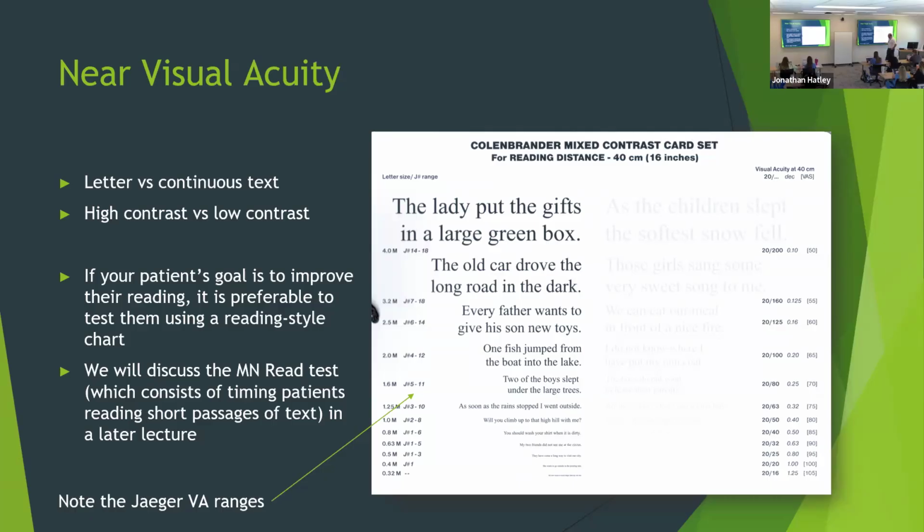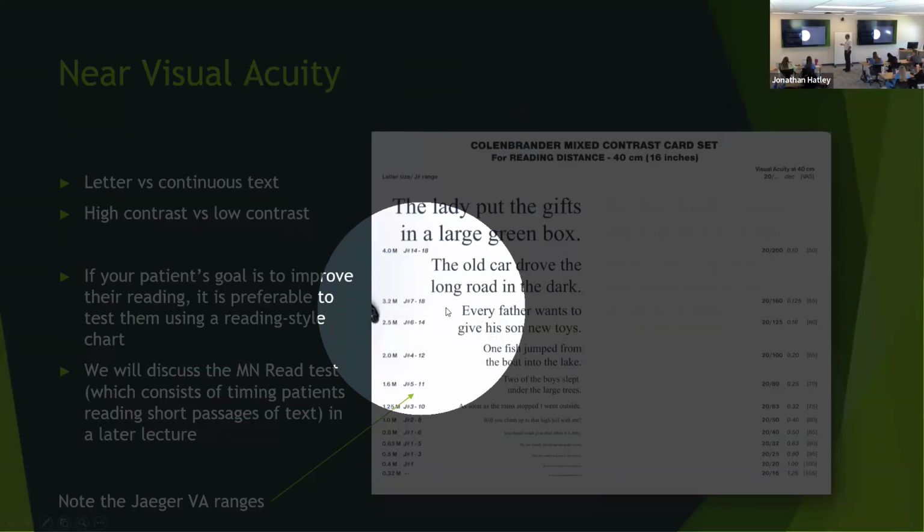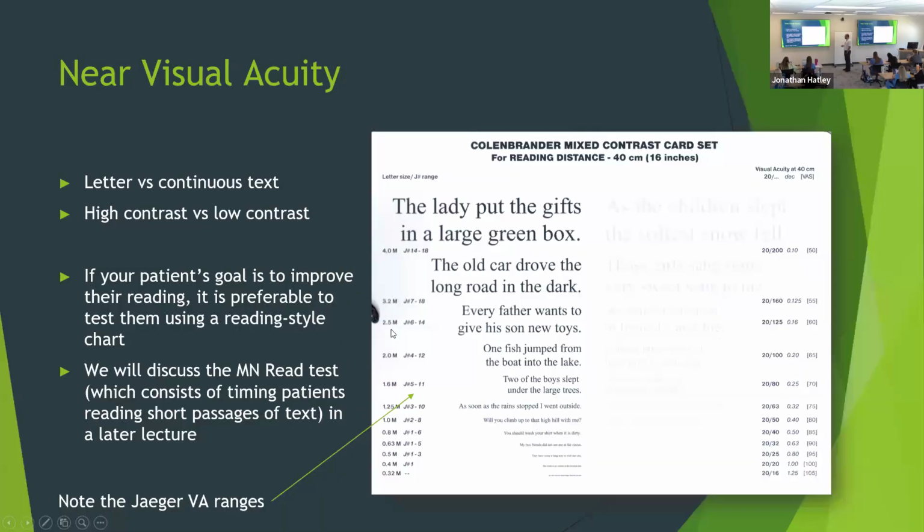There's also another one called the Lighthouse that we don't have here in this clinic, but just in case you're interested in different types of reading acuity tests. Again, note the Jaeger ranges here. The J numbers, as you can see, vary: 14 to 18, 7 to 18, 6 to 14. And so there are variabilities in that J number, as you can see on the chart here.